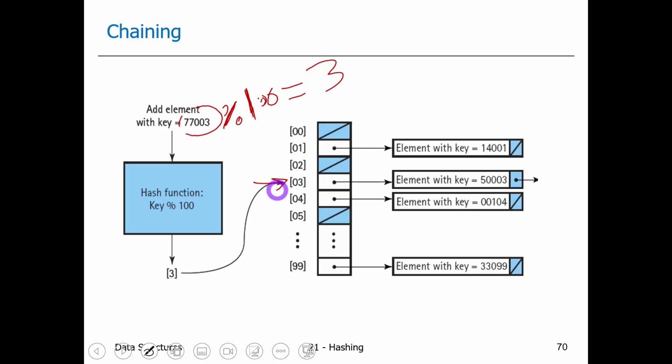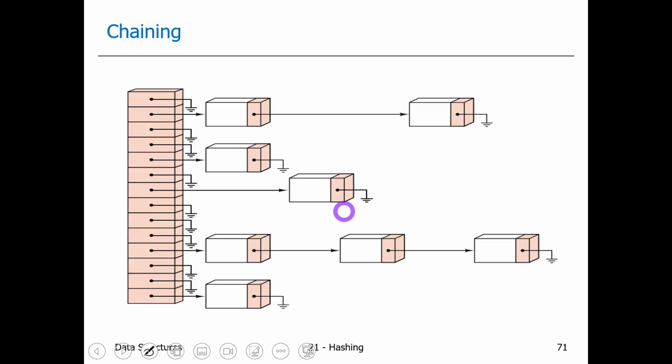You can see there is a collision, something is already present at this location. So you will simply add the new element as a new data member in the linked list. And by the way, this slash means it is null. It shows the end of the linked list. So this is what chaining is.